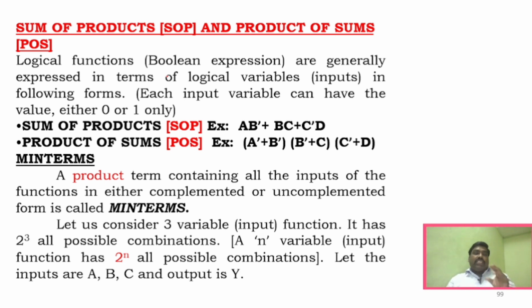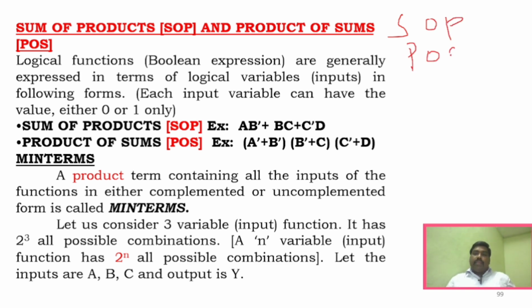Normally we express a logical function in logical variables using inputs, and the combination of inputs produces different outputs. So we already know what is meant by Boolean algebra and Boolean expression, and here we are going to see two important concepts: sum of product and product of sum.